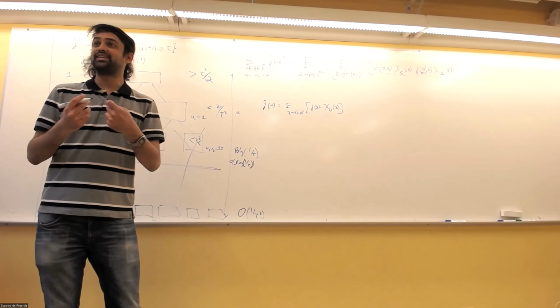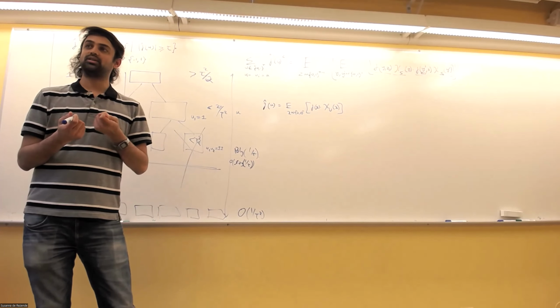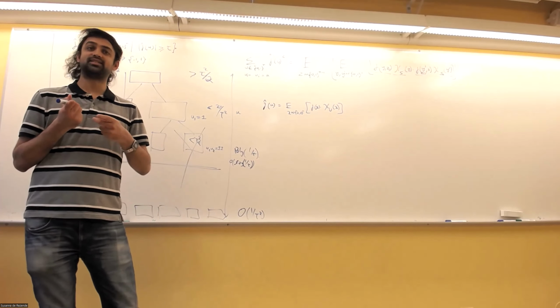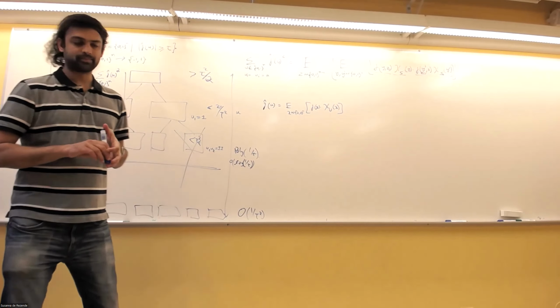So I can estimate this myself. So the only way a malicious prover can try to cheat is by skipping a heavy Fourier coefficient.